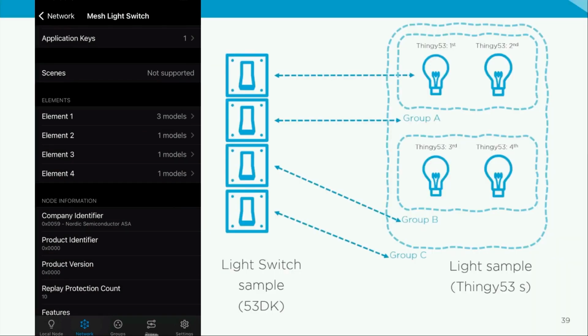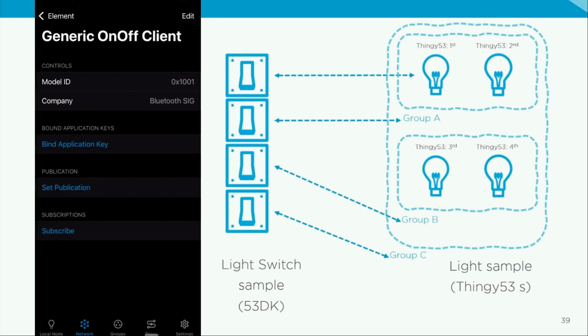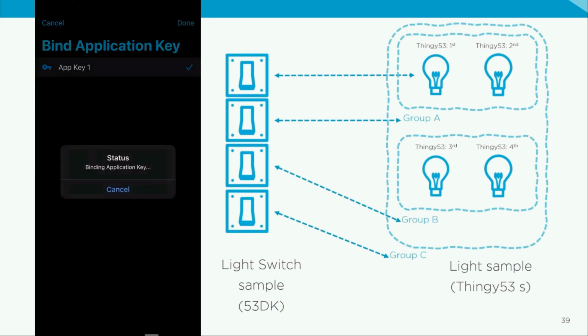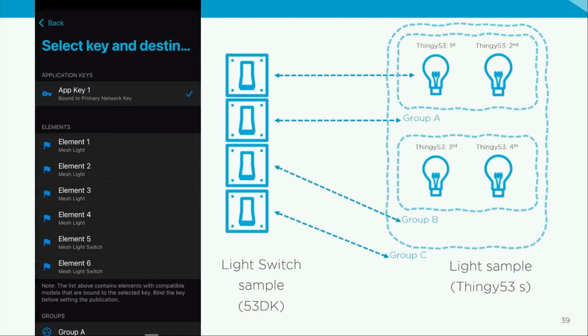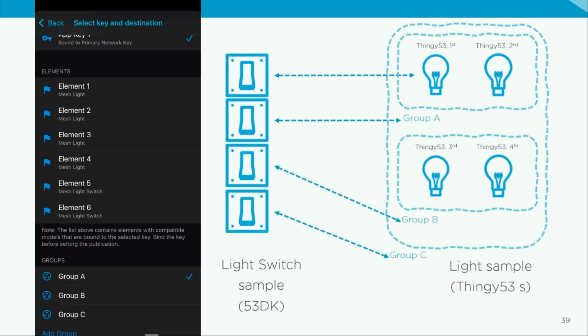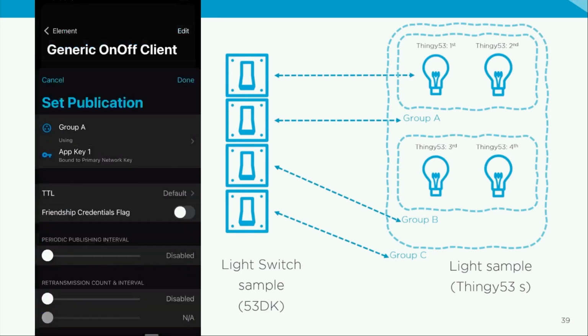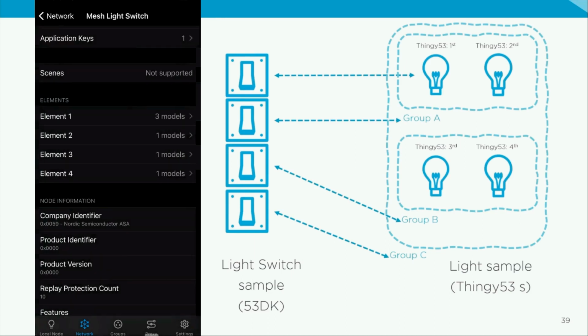So now I'm going to configure button 2 to communicate with group A. So I'm opening the generic on-off client instance, binding the application key, and setting the publication to group A. All right.